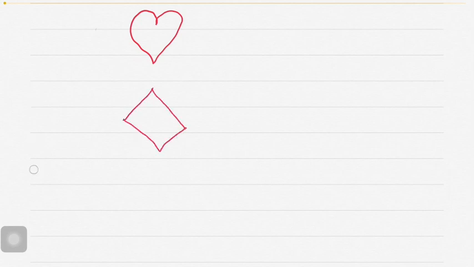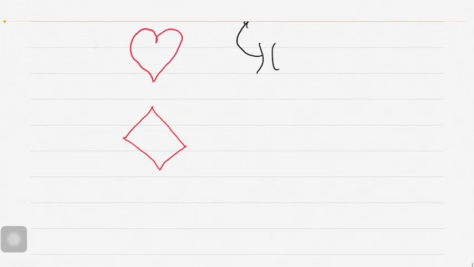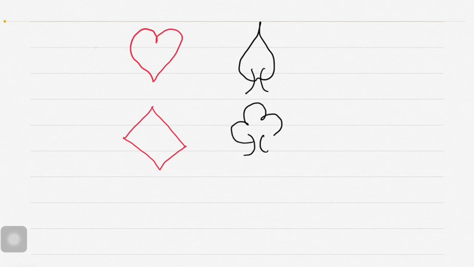If you see a pack of cards, there are 4 shapes, right? Heart, diamond, spade and club.